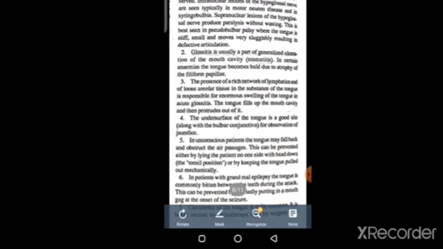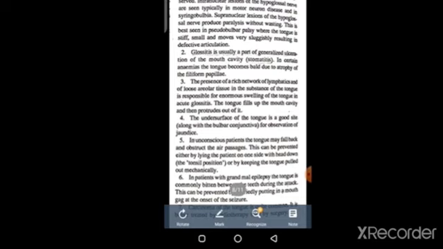In certain anemias, the tongue becomes bald due to the atrophy of the filiform papillae. Now, the presence of a rich network of lymphatics and of loose areolar tissue in the substance of the tongue is responsible for the enormous swelling of the tongue in acute glossitis. The tongue fills up the mouth cavity and then protrudes out of it.